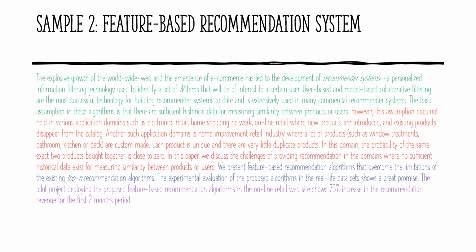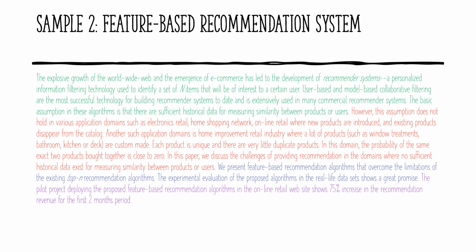They show great promise, but they don't indicate the exact result that they get. This is more like a finding. For the result, the pilot project deploying the proposed features recommendation algorithm in the online retail workshop shows a 75% increase. This is the result, which comes after the discussion part.